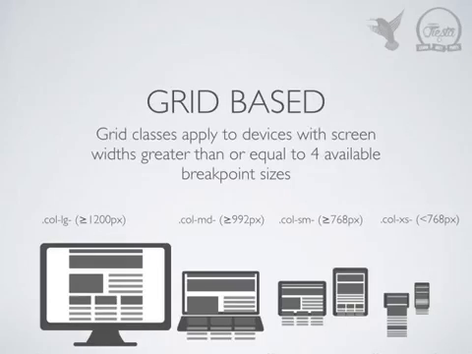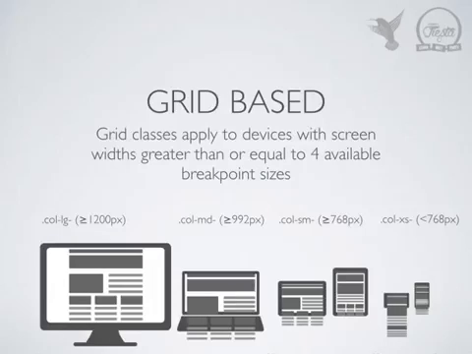I'm able to create as many of those kinds of classes on a single element and have different behavior on different screen sizes. So once again, there are 4 main breakpoints in the Bootstrap library. The ones that have LG in the middle of the class name will target devices whose resolution is higher than 1200 pixels.